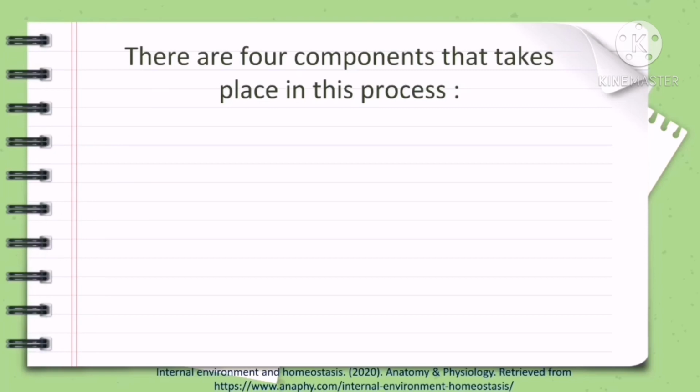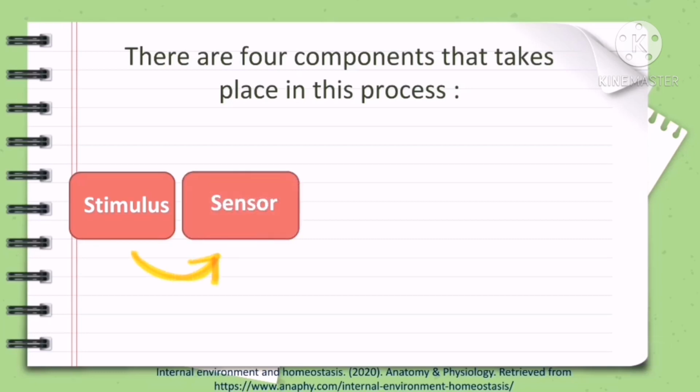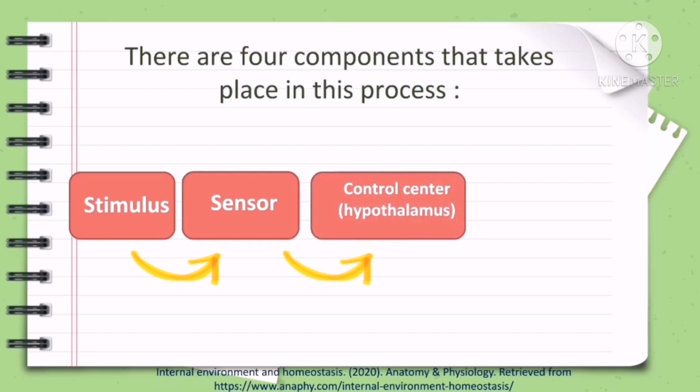After that, there are 4 components that take place in this process. First, stimulus. Stimulus is the changes of variables. It can be chemical factors or physical factors. After that, sensor. This sensor is to detect the changes. The third one is control center.